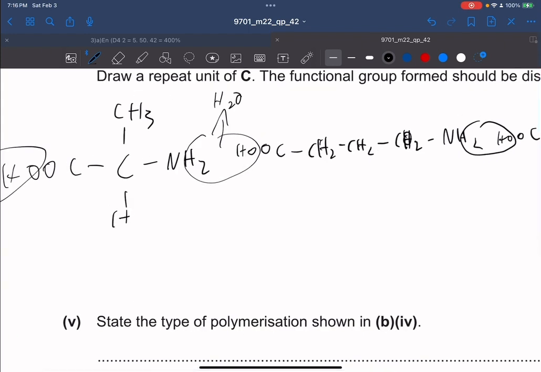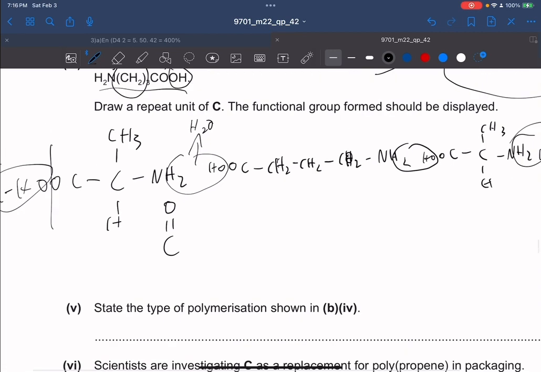So if you're going to draw out the repeat unit as the unit again, which repeats, what Cambridge wants is for you to draw one part of the repeat unit, and then you're going to draw out the molecule, and then you're going to have the functional group that was formed.